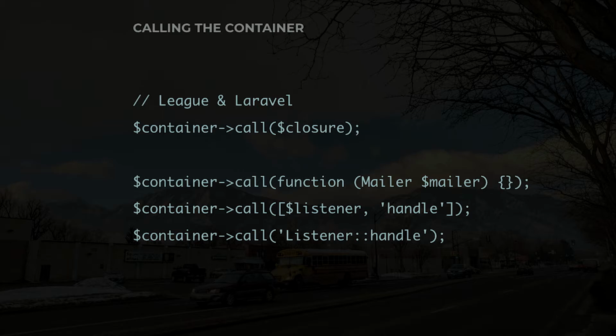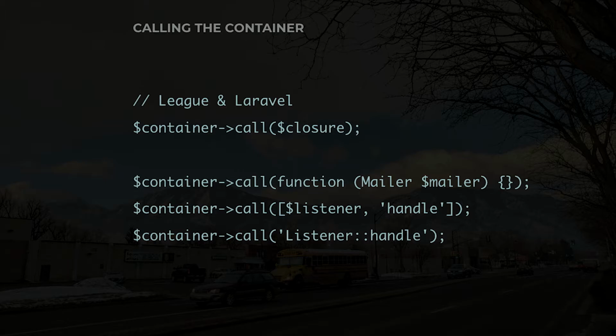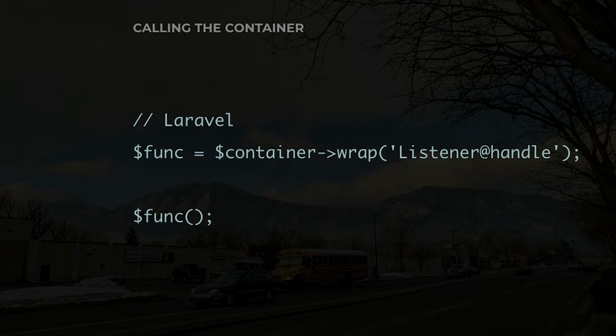So we just do container call, pass this anonymous function, and then it's going to use new ReflectionFunction, use the callback, get the parameters, loop over those parameters, take a look at all the type hints, resolve those type hints, and then eventually call this anonymous function. So that's a pretty neat feature. And then in Laravel, we can do container wrap, and then say listener handle, and that will return a wrapped anonymous function, which calls the container itself to resolve all those dependencies that are in listener at handle, and then that will be called.